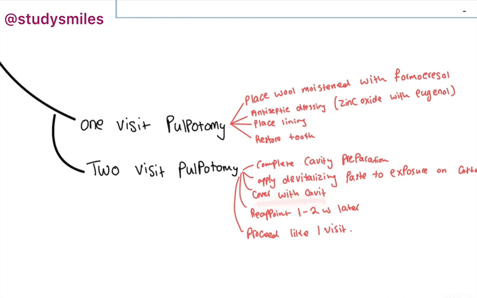You can see we cover it with Cavit or another temporary restoration, and we reappoint 1 to 2 weeks later. The devitalizing paste needs to stay in the tooth for 1 to 2 weeks, and then the patient has to come back another time, and then we do the pulpotomy.